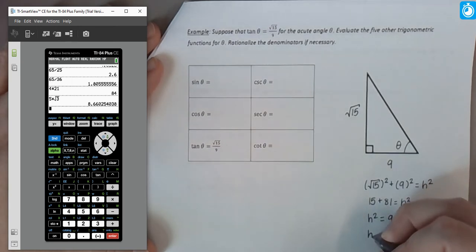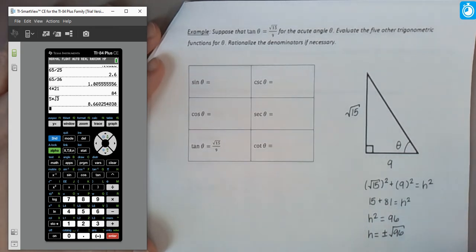We take our square root. So h is equal to the positive or negative square root of 96. Now can we simplify this one? 96 is not a perfect square, but is there a perfect square that divides into it? That's a good question to ask. Well, as it turns out, 4 divides in, but so does 16. We can actually divide 16 into 96.